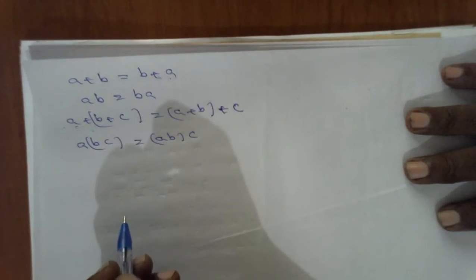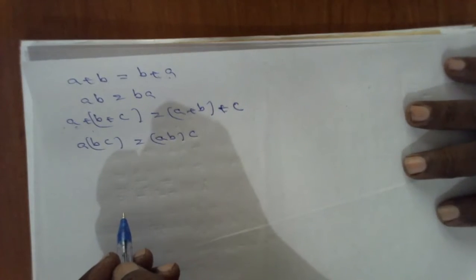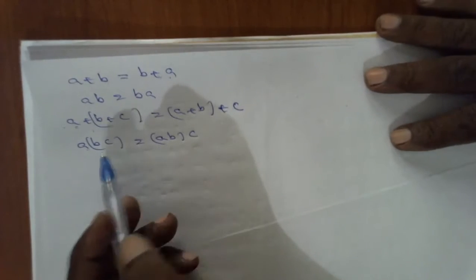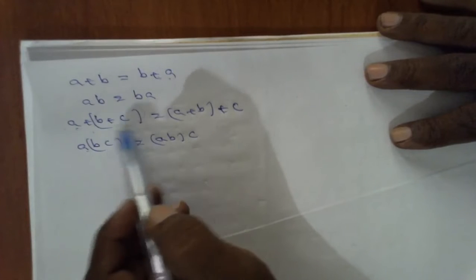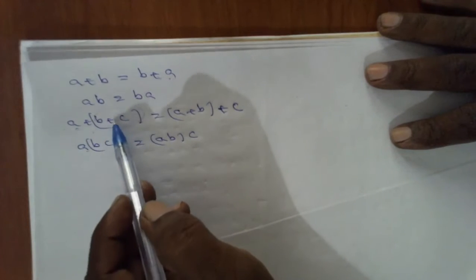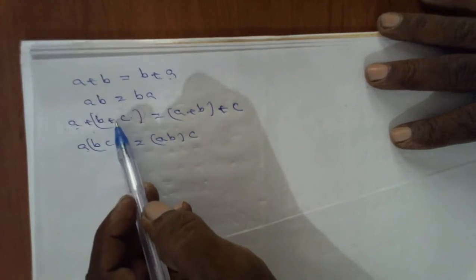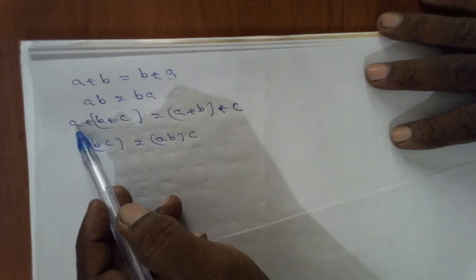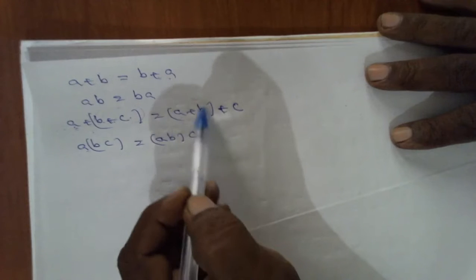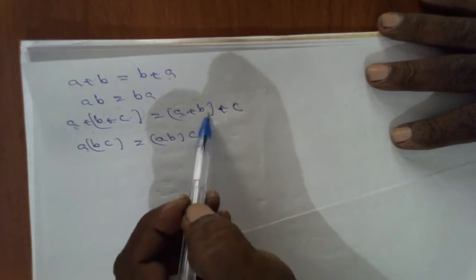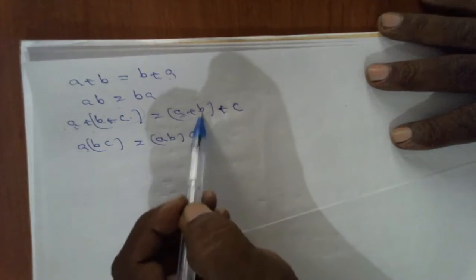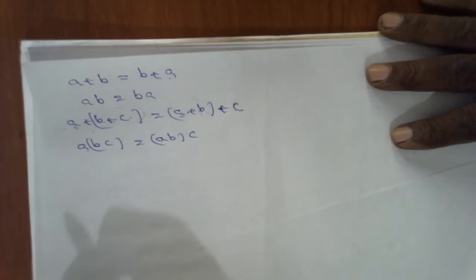Okay, this is the associative law of multiplication. What do you mean by that? If you take b plus c, you add b and c, then you add that amount to a. Here the plus operation is done between a and b, thereafter a plus b is added to c. That is the meaning, right?